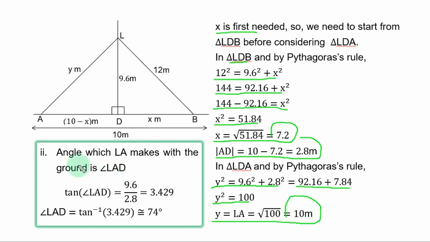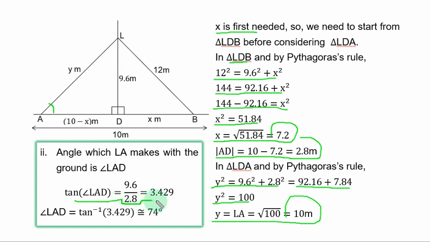Now, to find the angle that LA makes with the ground level, you can use any of the trig ratios, since all the sides are known in triangle LDA. That angle is LAD, so let's use tangent. Tan LAD is equal to opposite 9.6 over adjacent 2.8.